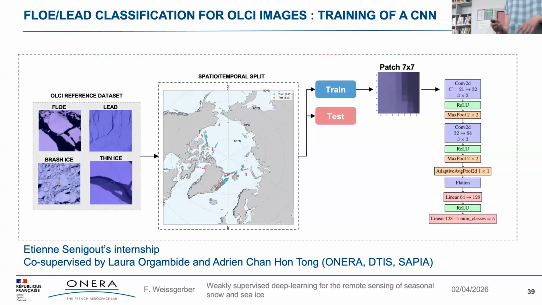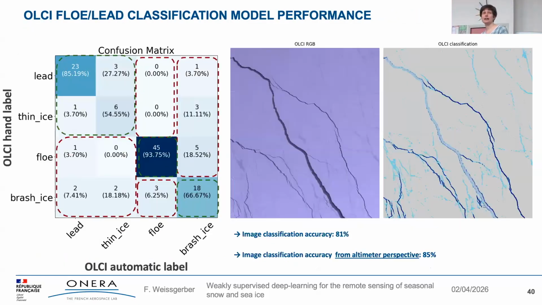So now we want to scale this analysis. And so we have used our data set. Again, only 400 pixels. And we have trained a very, very small CNN that works on very small patches to try to classify the center of these patches. That's the work of Etienne Senigou, who is currently an intern at ONERA.